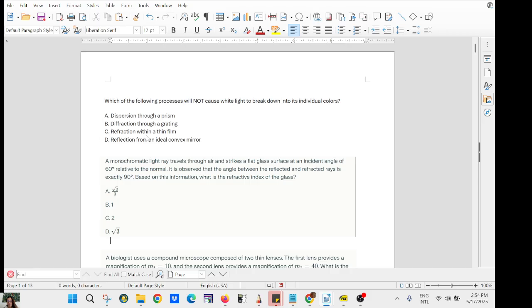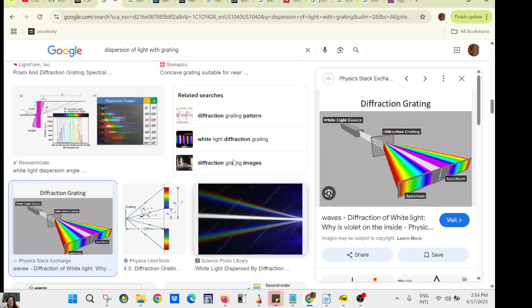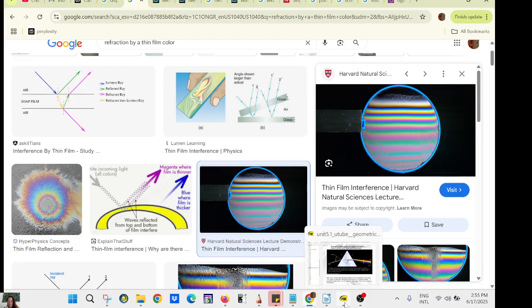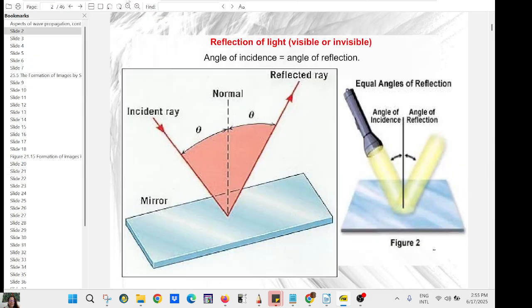Can you have color with a thin film? Yes. You are very familiar with this phenomenon. If you have a film here, light will be refracted, and you're going to see a rainbow. If I go back to my slide here, I don't know if I have it.